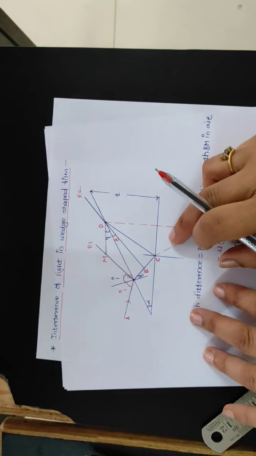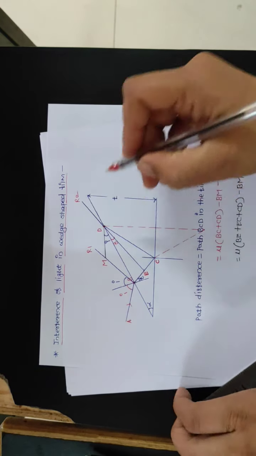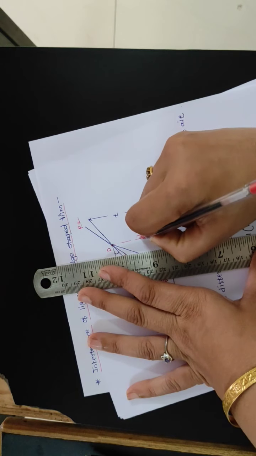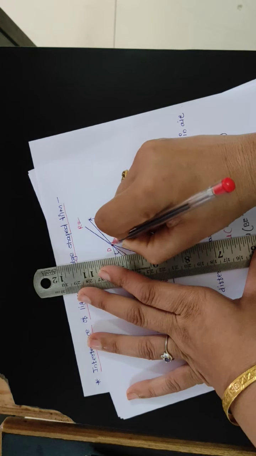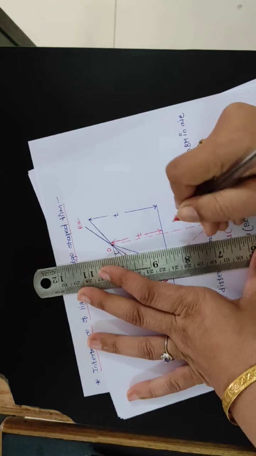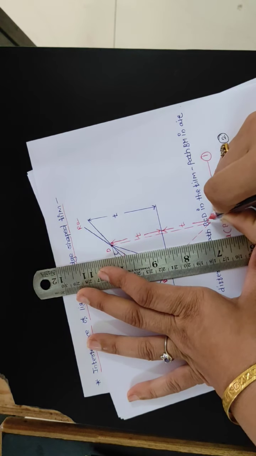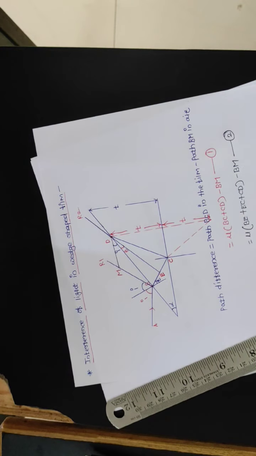So this is the equilateral triangle. That means if this is T, then this is also T. Understood?